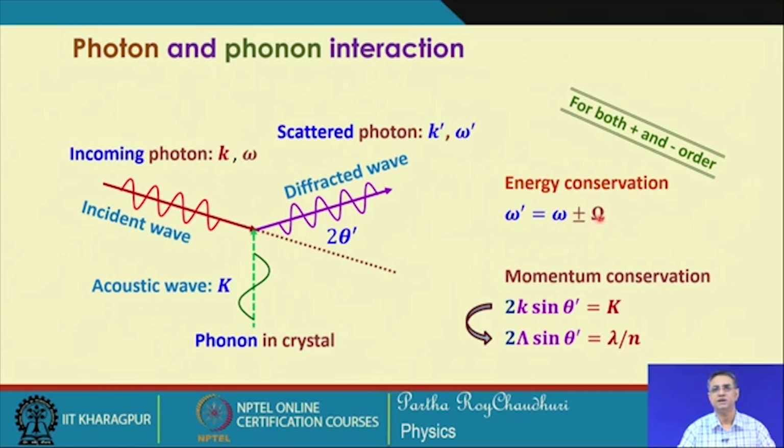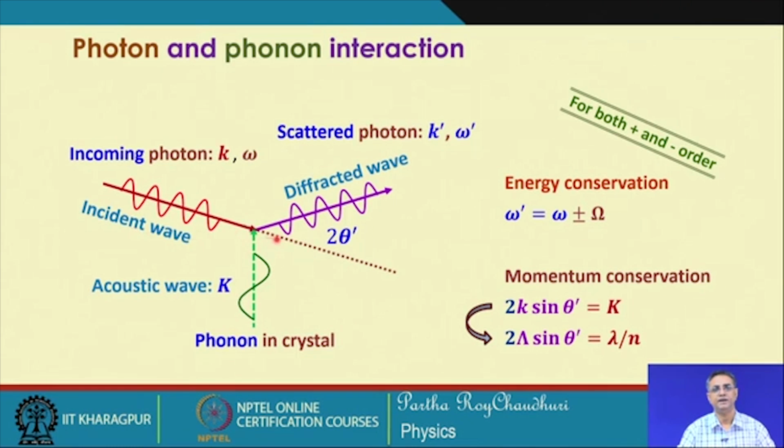Because this is the consequence of energy conservation, you multiply by h, the Planck's constant, on either side, and you get the conservation of energy. Momentum conservation: we will see how this represents momentum conservation, because h into k gives you the conservation of momentum.